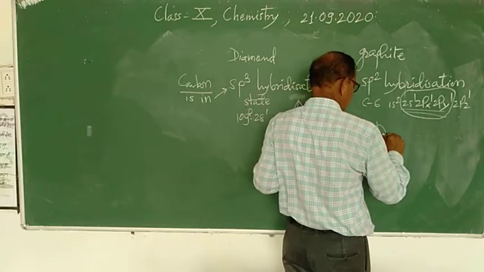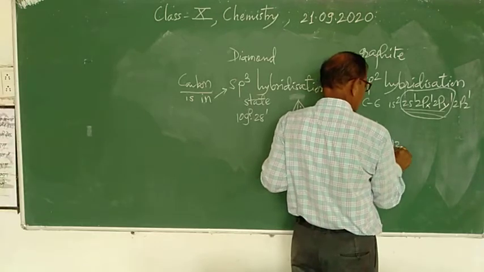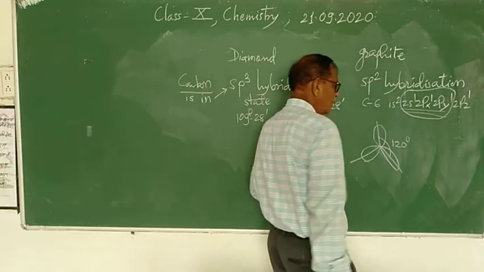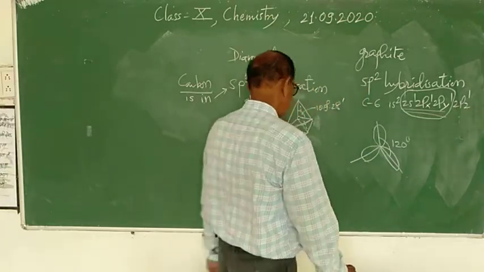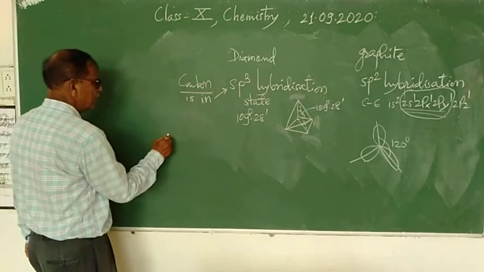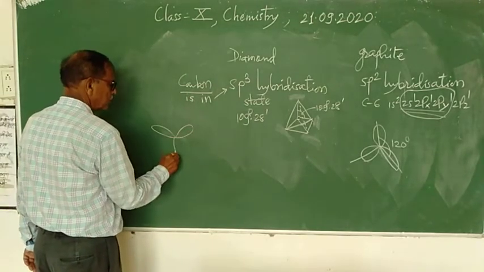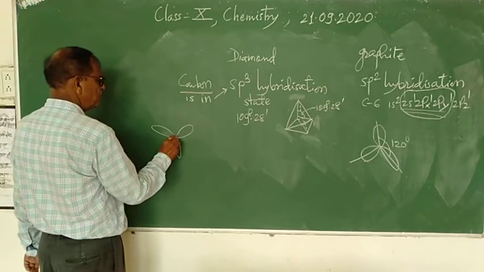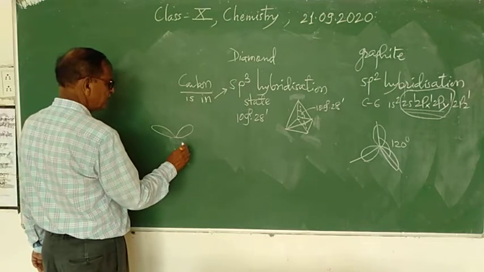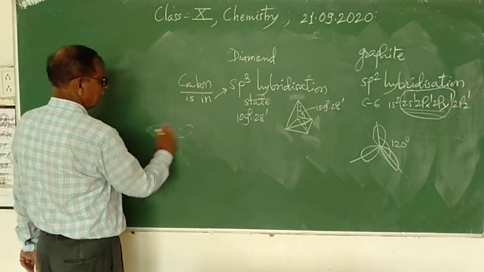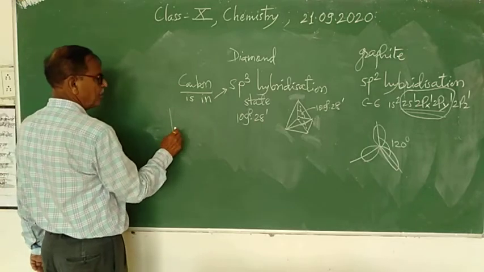and this bond angle, for example, is of 120 degree. And see, the 2pz orbital remains perpendicular.